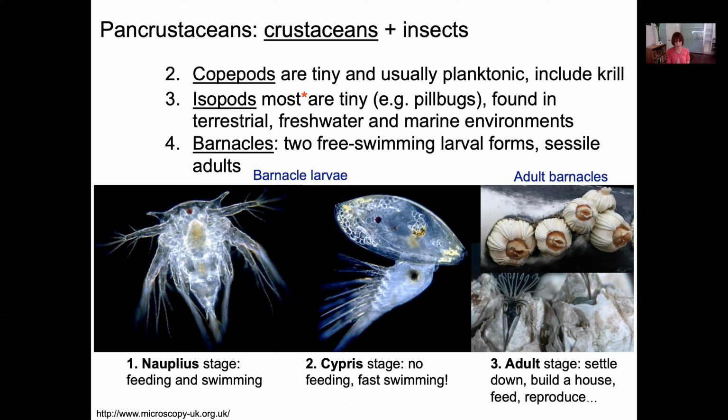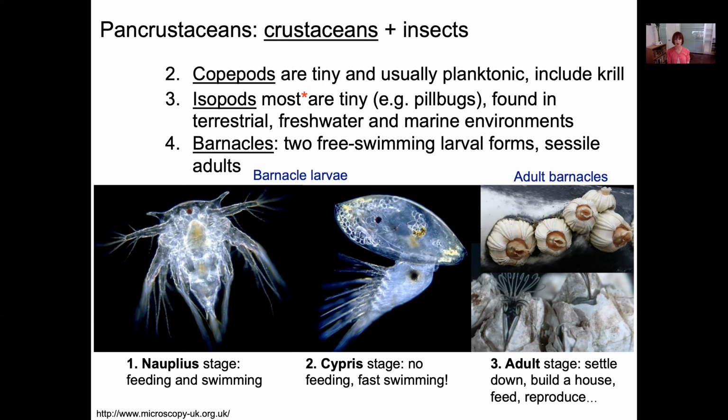So their structures are purely for swimming, and they have these angel-like wings, but they're for swimming. And then adult barnacles, as you're more familiar with perhaps, are the stage where they settle down and build a house of calcium carbonate around their soft bodies and reproduce.